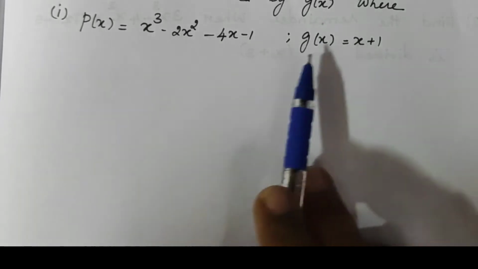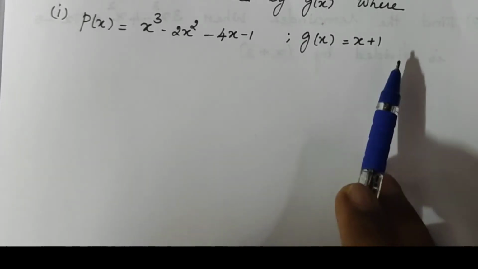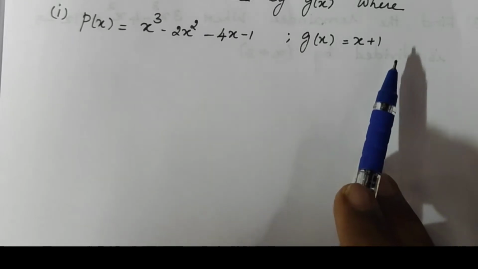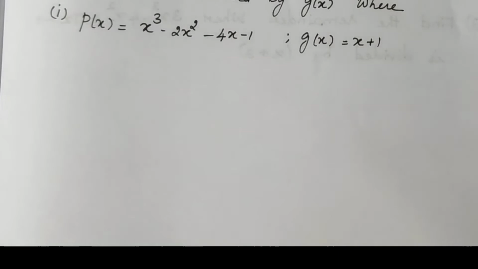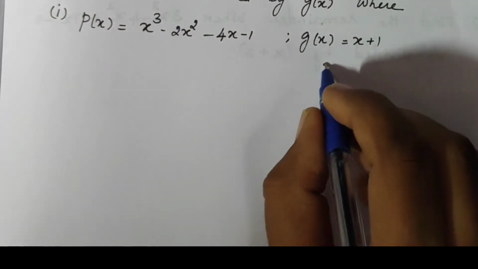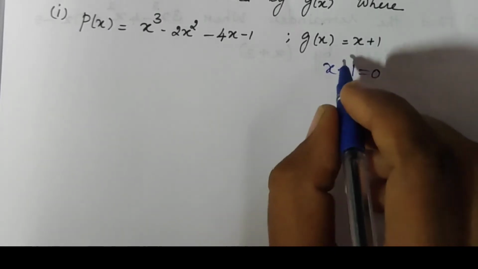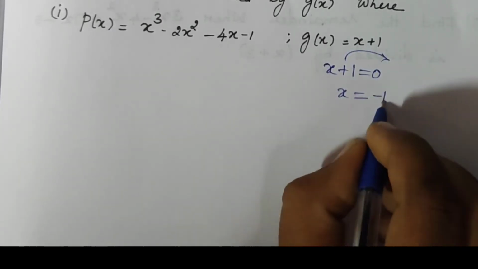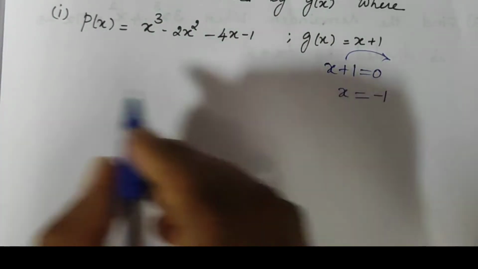So g of x is equal to x plus 1. When you equate that to 0, you will get x is equal to minus 1. Substitute that minus 1 in the place of x and find the value. So x plus 1 is equal to 0. Therefore, x is equal to minus 1. So wherever x is there, you just substitute this minus 1.